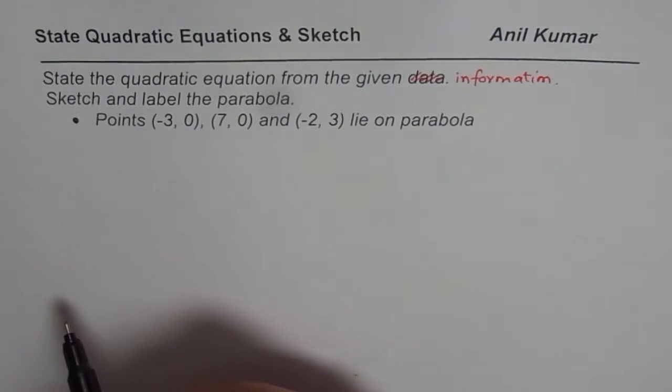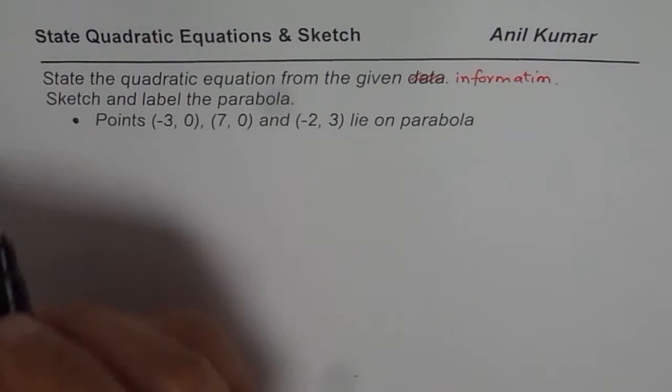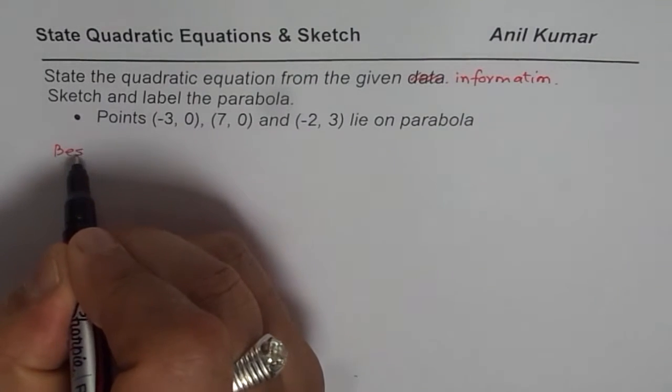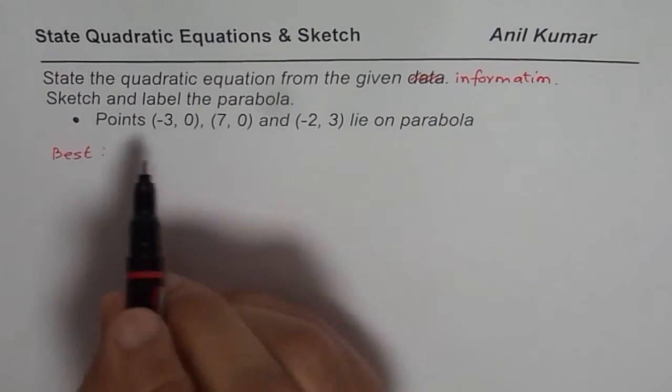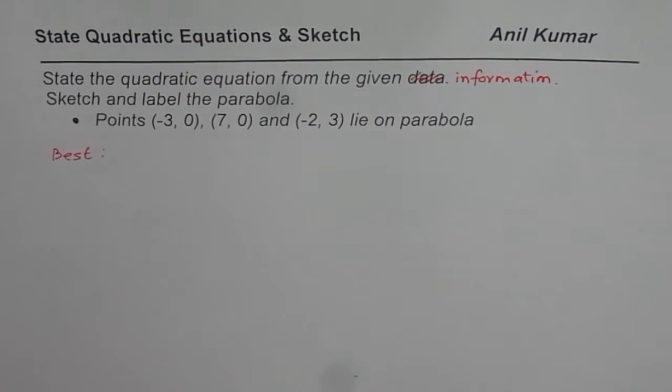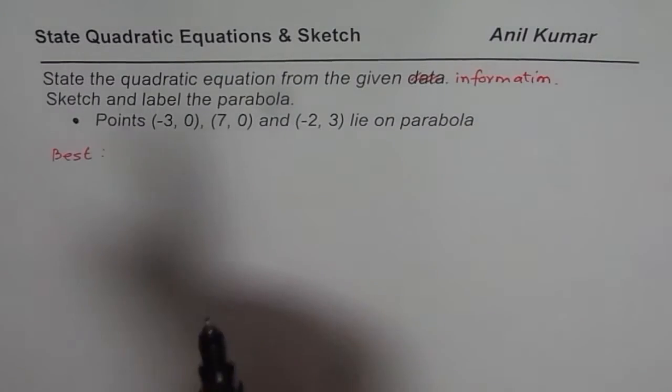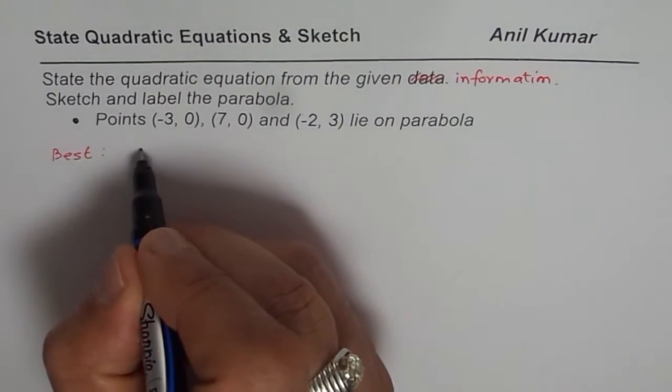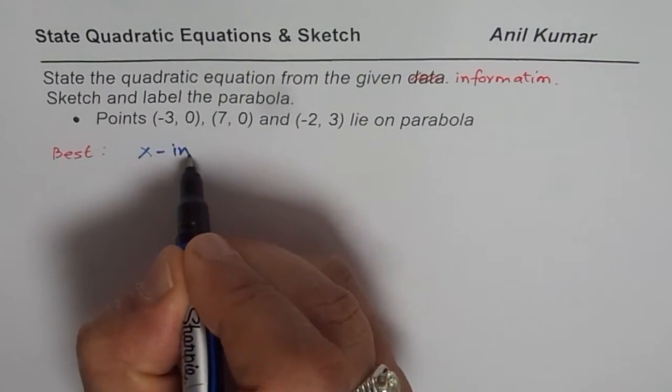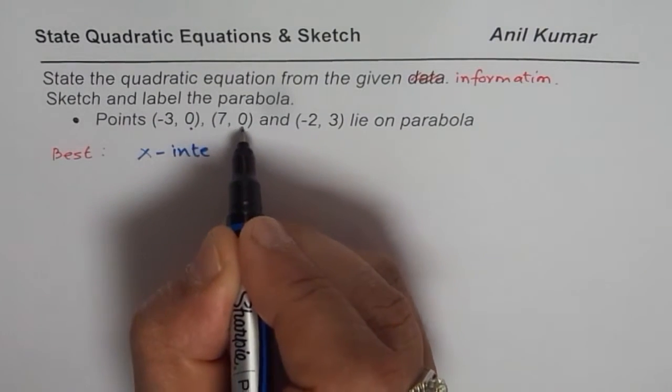I'd like you to pause the video, solve the question and then look into my solution. Well, the best way to find the quadratic equation in such a scenario is what? Can you tell me that? Let's see the points. The points represent x-intercepts, since the y values are 0.